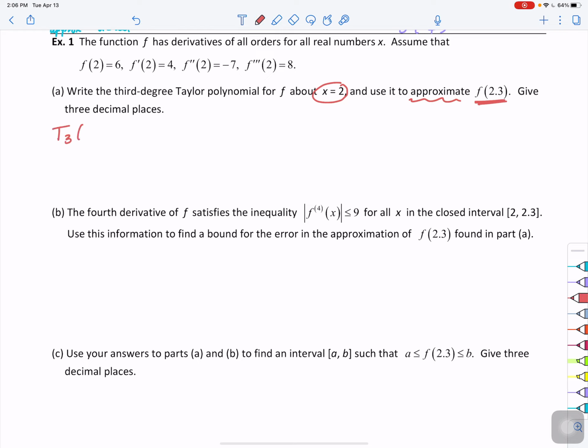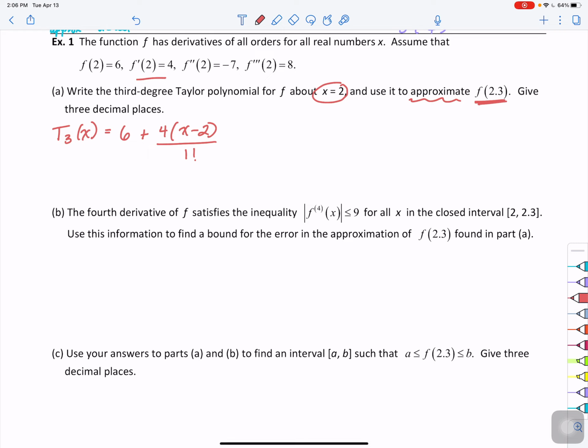The third degree Taylor polynomial, and that's going to equal, of course, our first term is always f at whatever c is, so f at 2, plus, now we'll take that first derivative, multiply it by x minus 2, and of course divide by 1 factorial.